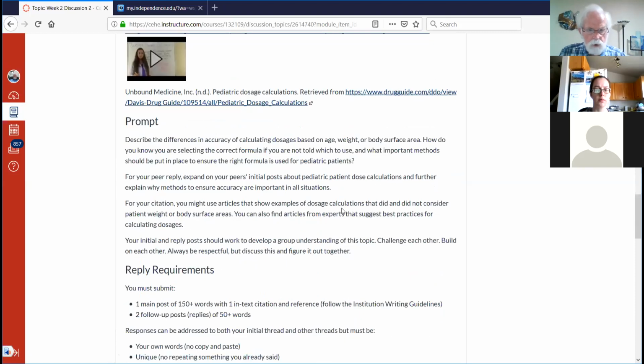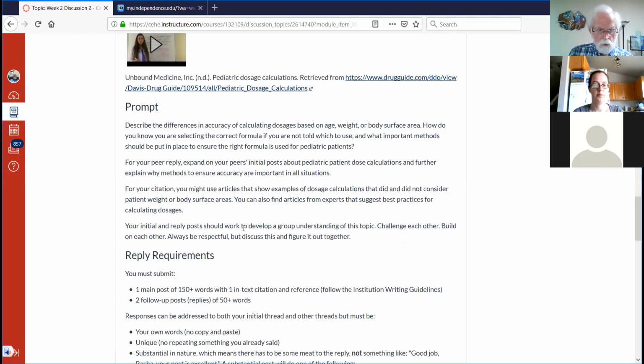So again, we're going to look at this, and try to discuss this issue of accuracy in calculations and how we know we're selecting the right formula, if we're not told. So look at this in light of the things that we've been talking about and the background information and discussion. Make sure you read those carefully when you're doing this.